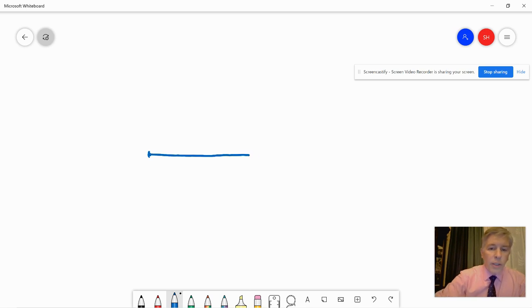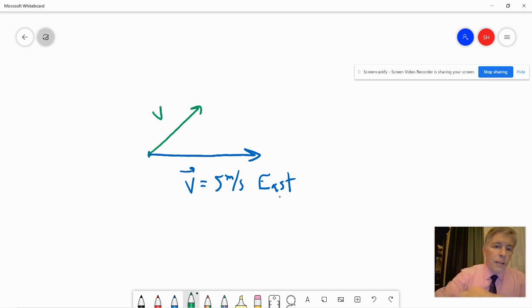So let's say one vector. Let's just make it a velocity vector. So the velocity was 5 meters per second, and it was just pointed to the east. And then I have another vector. This velocity is 2 meters per second.